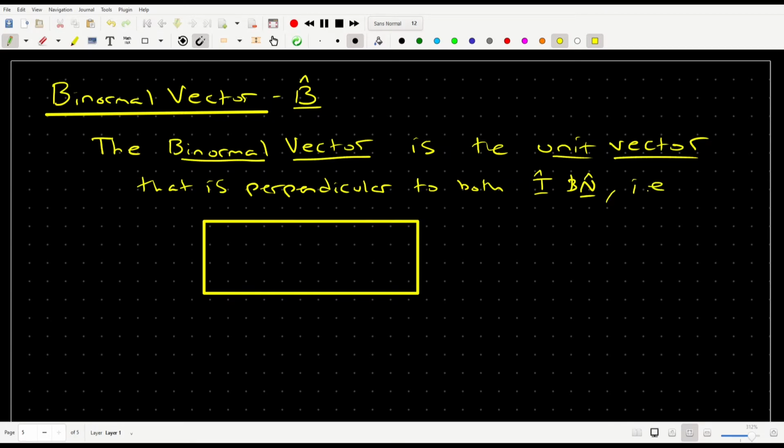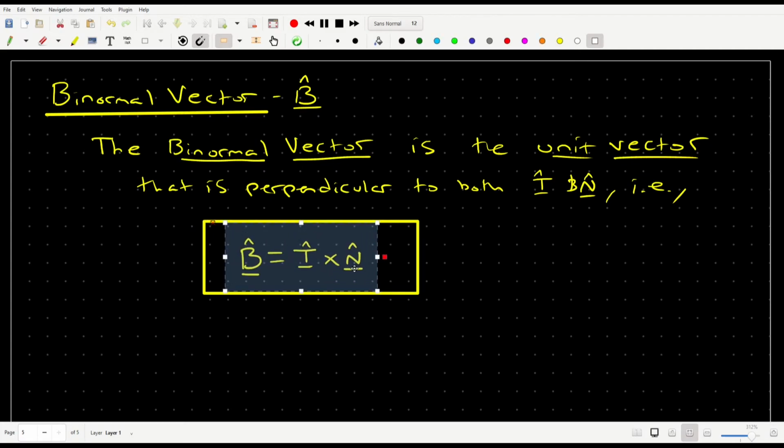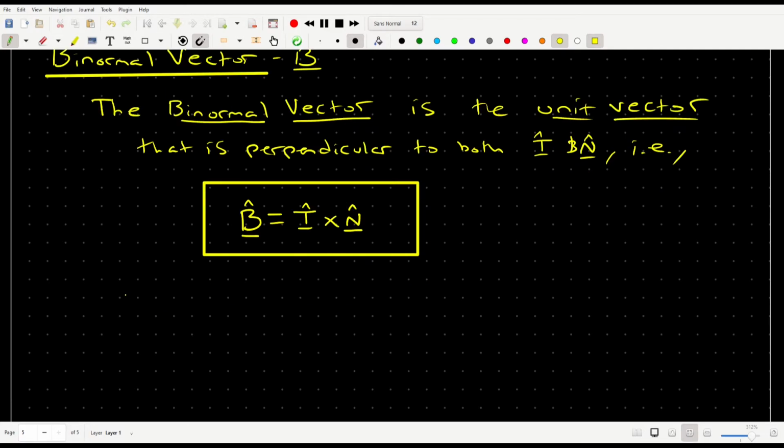And there's really no better way of defining this than the cross product. Because we know that the cross product from our cross product properties will give us a vector that's perpendicular to the original two vectors that we were taking the cross product of. So this is perpendicular by definition of the cross product.